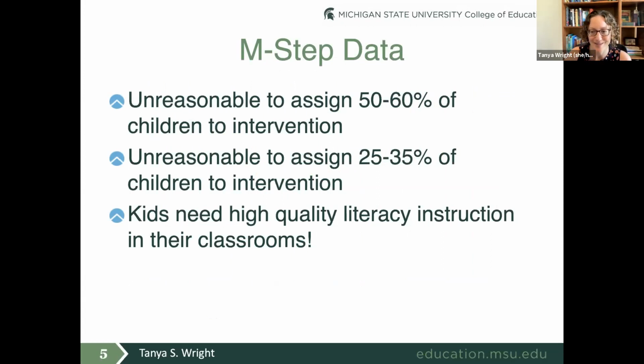Even that would be unreasonable, right? To send a quarter of your school to reading intervention. That just can't be. So part of the intent in developing the essential instructional practices was to ensure that more children were being supported towards meeting grade level standards in their classroom, in tier 1, regular classroom instruction.